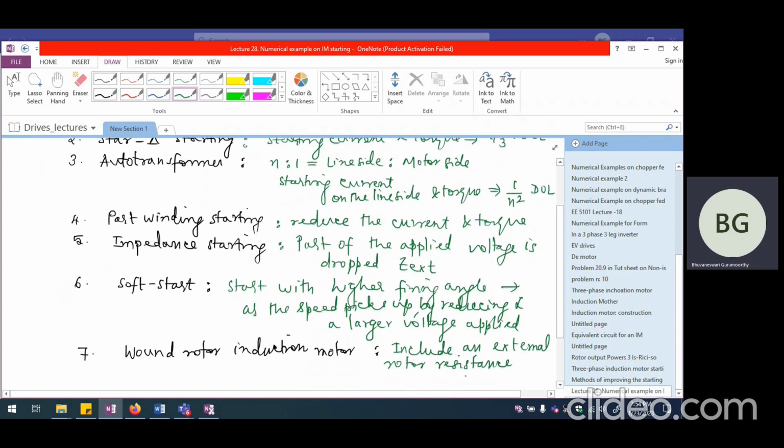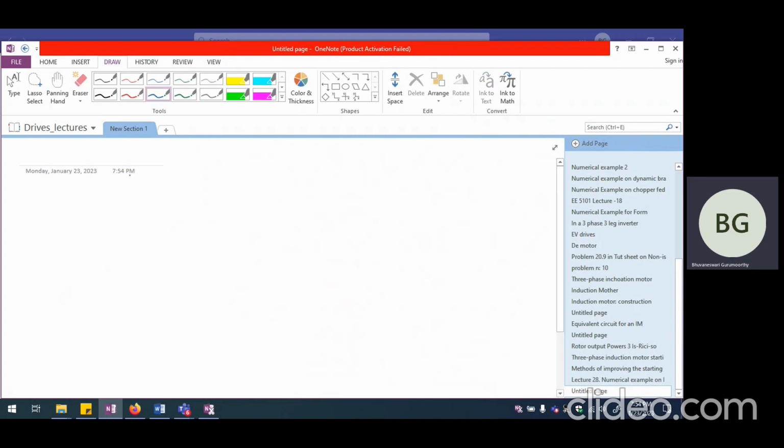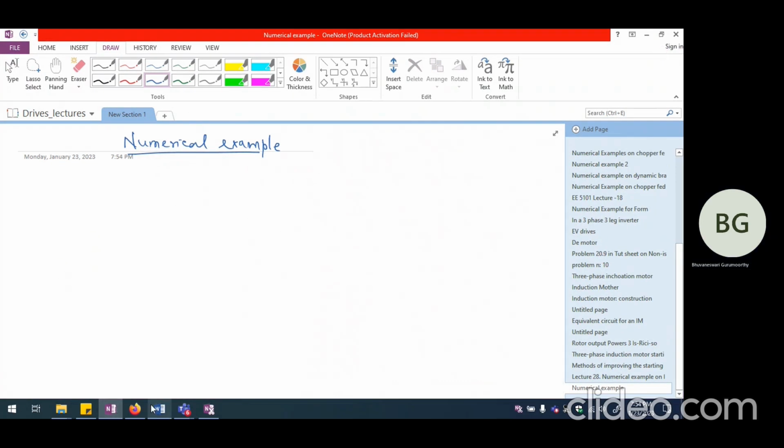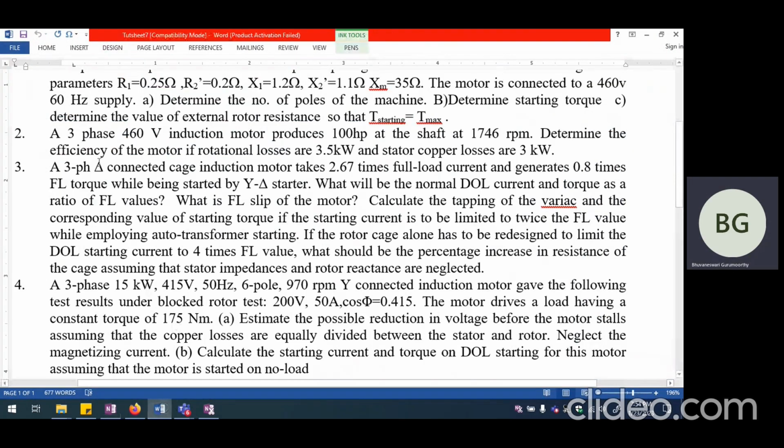Now what we are going to do is to work out one numerical example on the starting of induction motor. So the problem statement is somewhat like this. Let me show the problem statement here. This is problem number 3, which we had looked at.